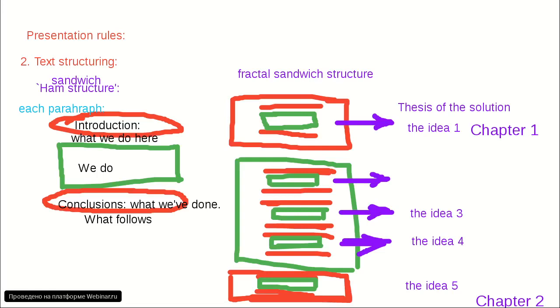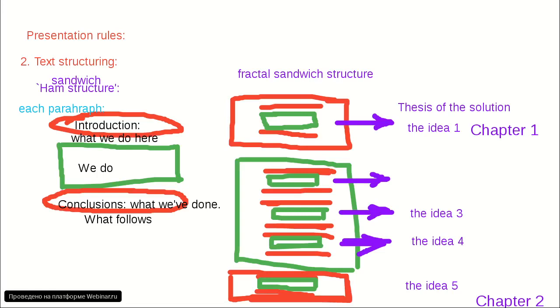The final part of this discussion is the fractal structure of these sandwiches. If we have a bigger chunk of text, we just divide it into bigger sandwiches, each part of which consists of smaller sandwiches. And when we do this, we can naturally go to a thesis of the solution. We just keep a record of the ideas of any single sandwich which we used.